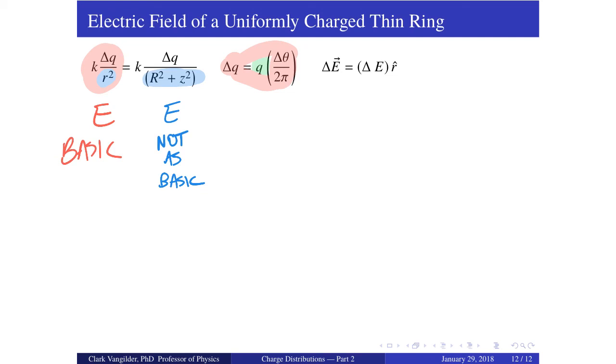All right. Then here we have our vector. It will consist of a magnitude, namely this thing here, and a direction, which we computed on a different screen.